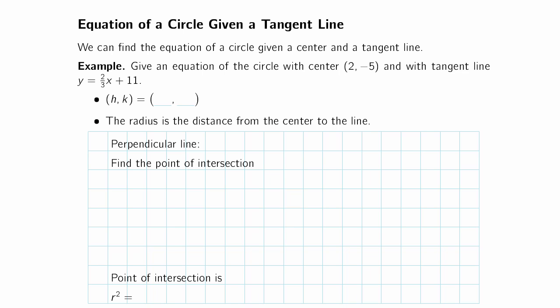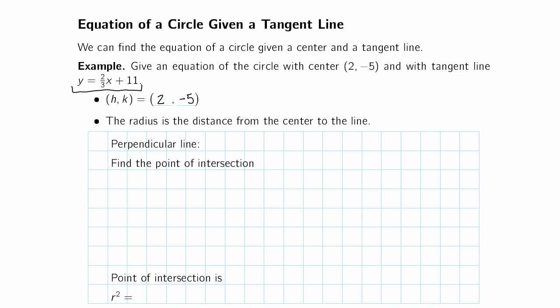So we'd like to give the equation of a circle with center at (2, -5). So h, k is (2, -5). And with this line as a tangent, y equals 2/3 x plus 11.